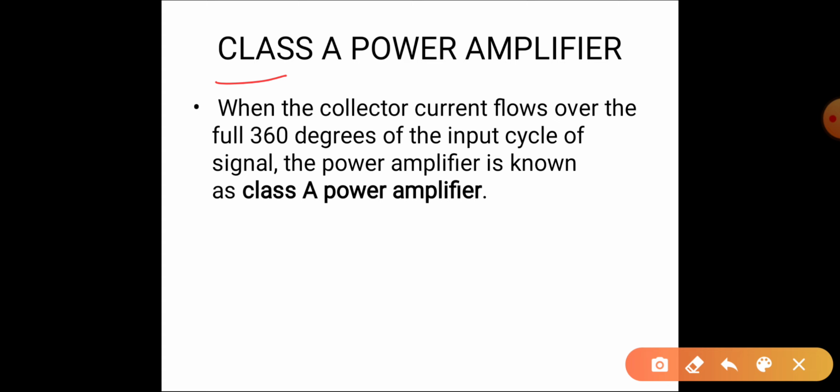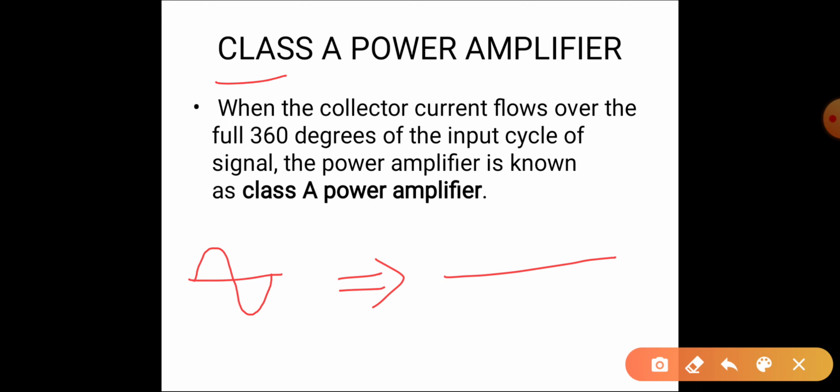Suppose we are given an input signal like this and we expect an output signal. We are not considering any phase shift of 180 degrees or something like that.